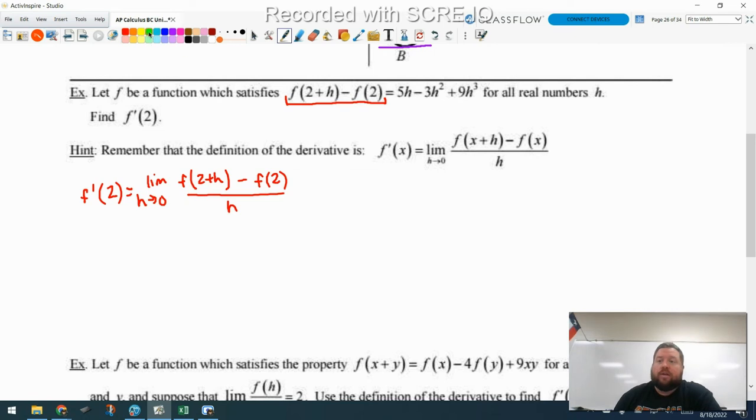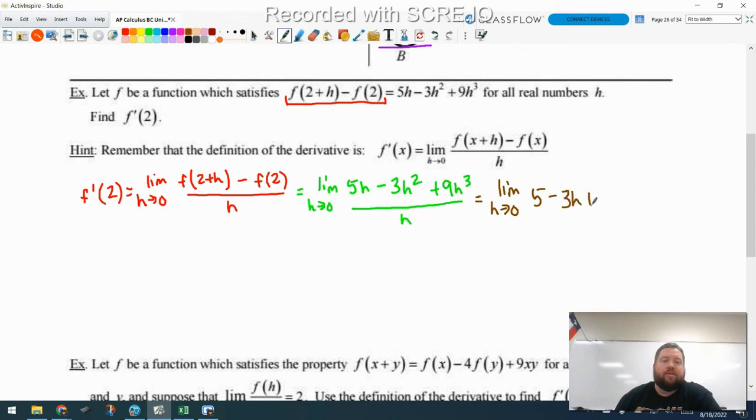So this is equal to the limit as h approaches 0 of 5h plus 3h squared plus 9h cubed all over h. That is equal to the limit as h approaches 0 of 5 plus 3h plus 9h squared.